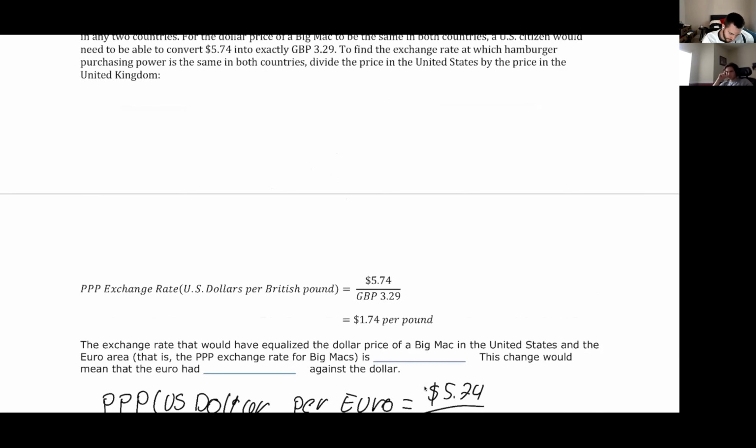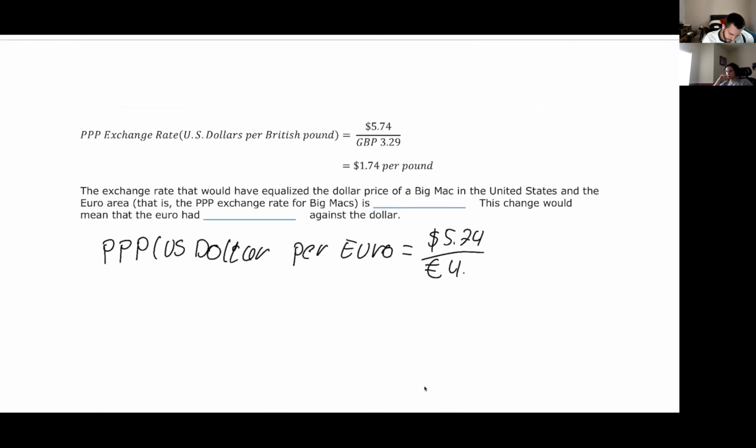The euro is 4.08, and that gives us basically 1.41 per euro. So it would have to be 1.41 per euro for it to be equal.